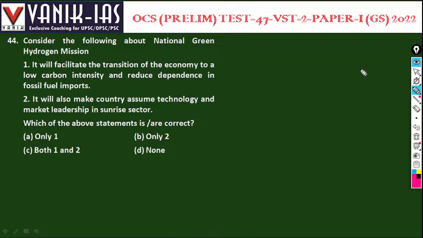Consider the following about National Green Hydrogen Mission. It will facilitate the transition of the economy to a low carbon intensity and reduce dependence on fossil fuel imports. It will also make the country assume technology and market leadership in sunrise sector. Yes, sunrise sector means new sector. So that is also better. The transition of economy to low carbon intensity, yes, carbon emissions will reduce. Some of the statements are correct. Sunrise sector means there is huge potential because there is no competition.